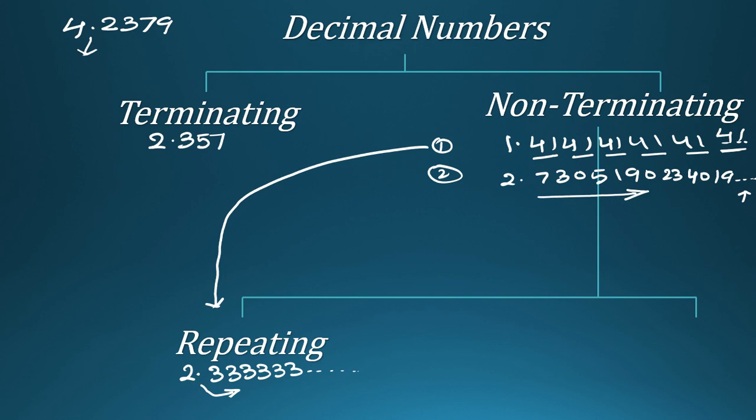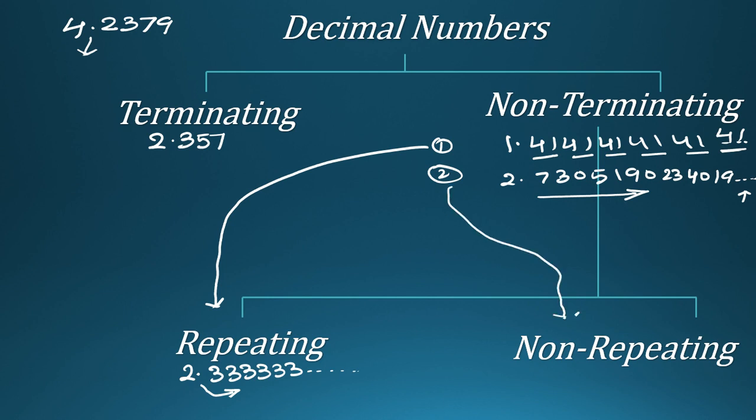And the last category is non-repeating, like this example number 2 I told you. Or you can take another one, 1.374910201479, like this. Now, my dear students, a terminating number is also a rational number.